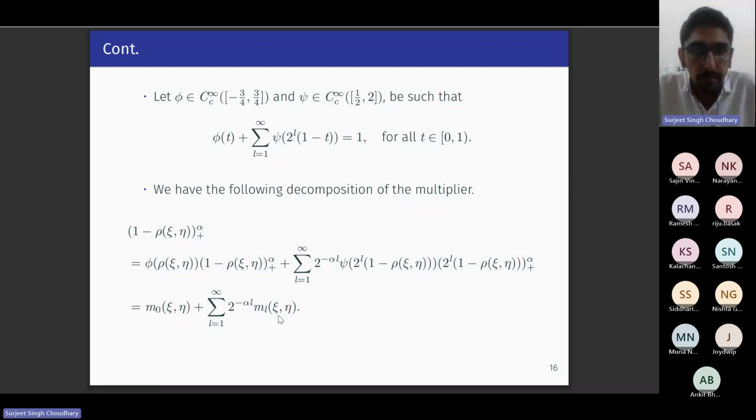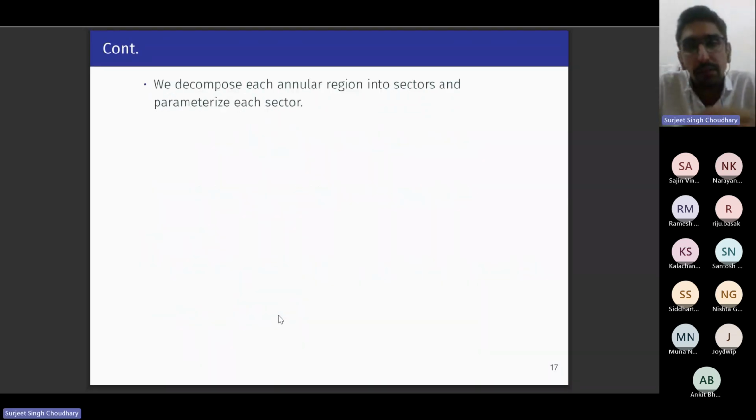Now, after this annular decomposition, we further decompose each annular region into small sectors and then parameterize our curve in each sector.